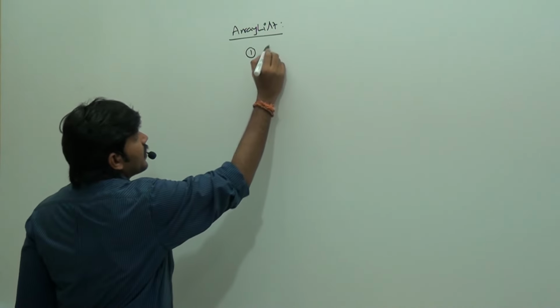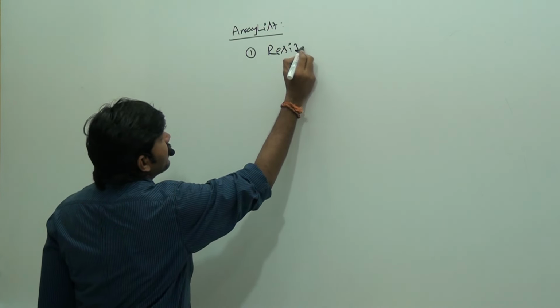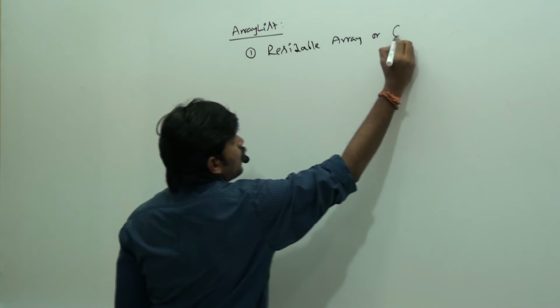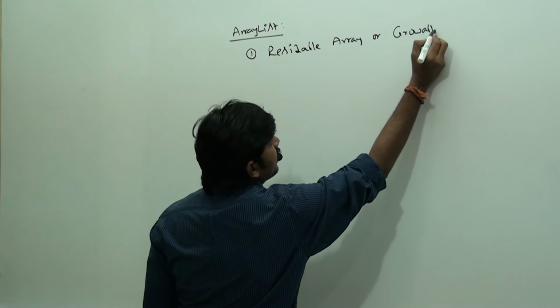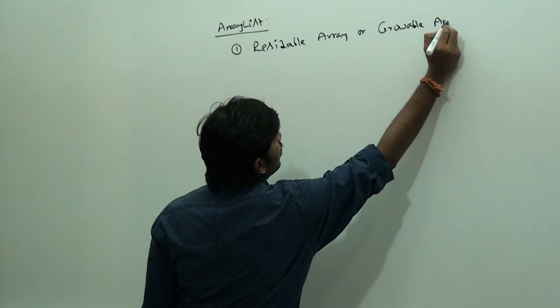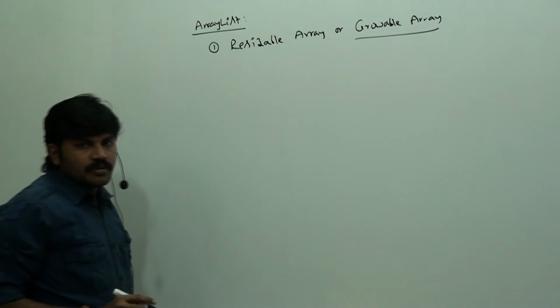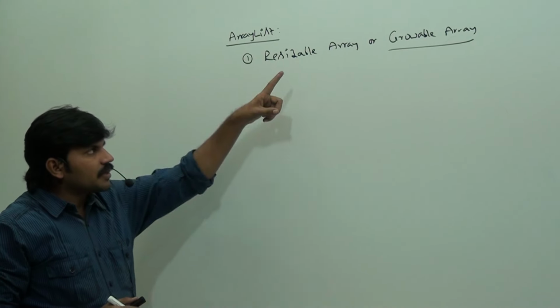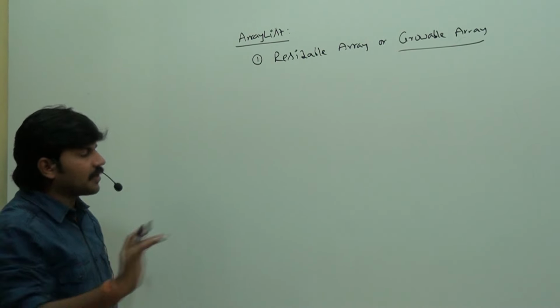It is a resizable array, or growable array. So the underlying data structure for ArrayList is a resizable array or growable array.